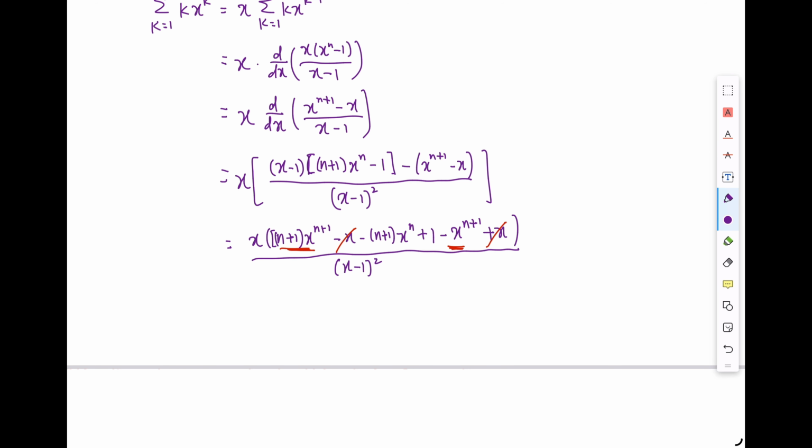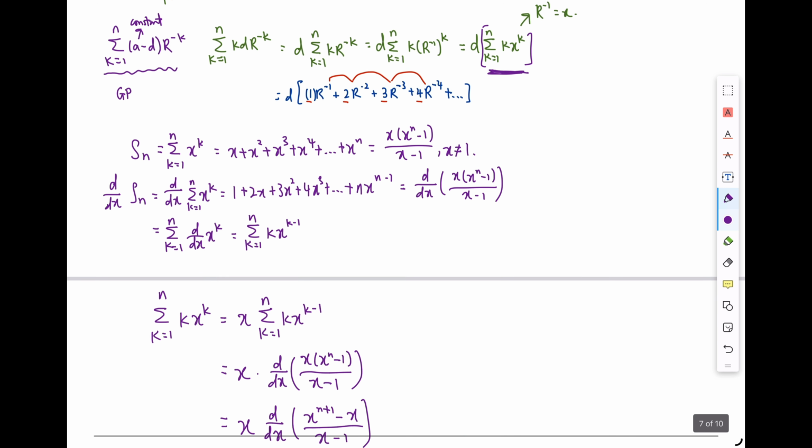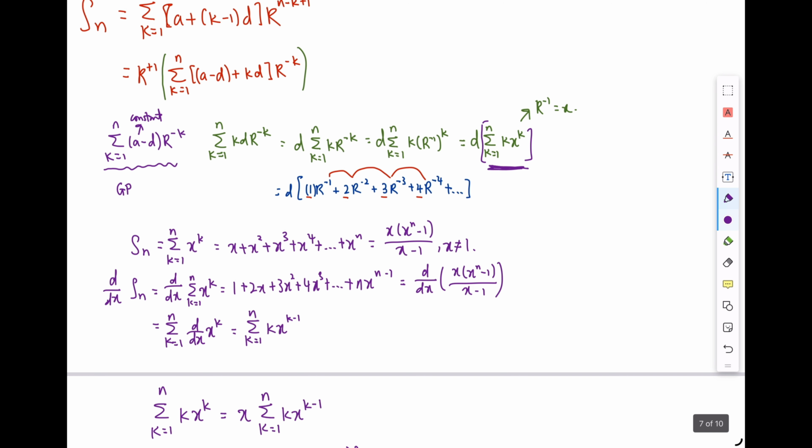And I'm going to be left with x times nx^(n+1) minus (n+1) x^n plus 1, divided by x minus 1 squared. Right? So we already said that x is equal to r power negative 1 here.